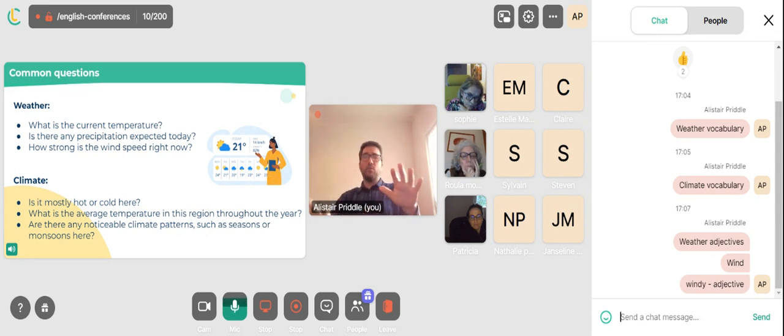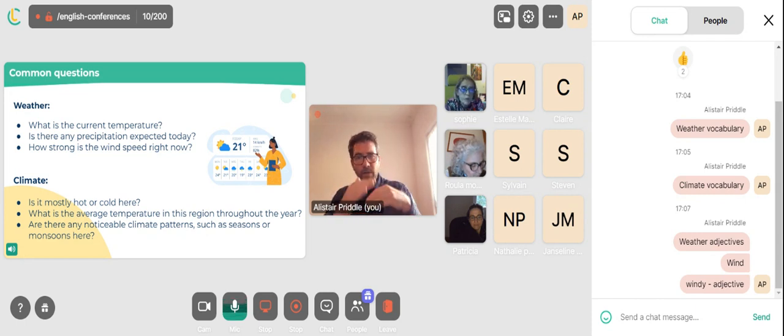How strong is the wind speed right now? Well, let's have a think about some climate questions. Is it mostly hot or cold here? What is the average temperature in this region throughout the year? Are there any noticeable climate patterns such as seasons or monsoons here?